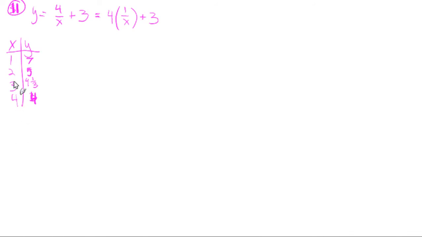So let's think, what if we kept putting bigger and bigger values in here? What if we put in 1,000 or something like that, or 4,000? What's going to happen? Well, think about what happened to the parent function, 1 over x. We put really big values in here. Then 1 divided by a really, really big number is going to be a really, really small number, right? And we're going to take this really small number and multiply it by 4.